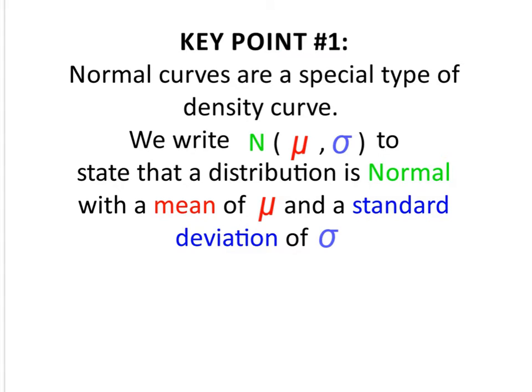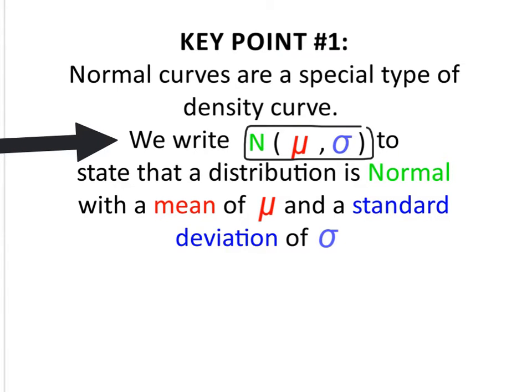So key point number 1: normal curves are a special type of density curve. Remember, density curves add to 1. We write this super fancy notation. Make sure you get this key point down. Well, we write down every key point, but make sure that you get that notation.